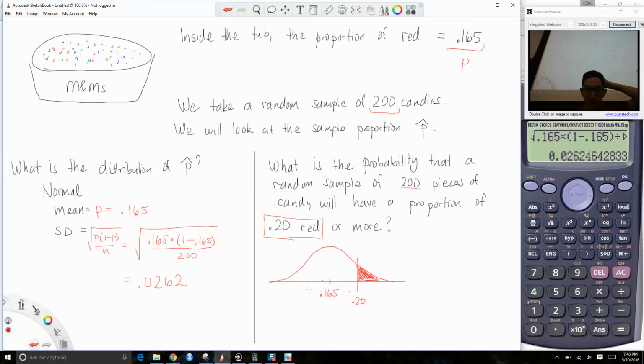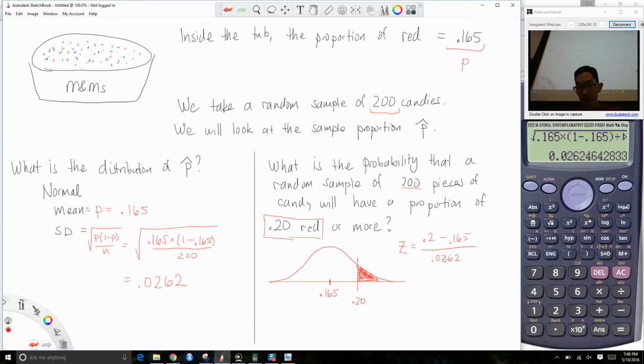Okay, let's come here. So the first thing that we will want to do is find a z-score. The z-score is the distance from the mean in standard deviations. So I'm going to do 0.2 minus the mean, 0.165, and I'm going to divide that distance by my standard deviation, which is 0.0262.